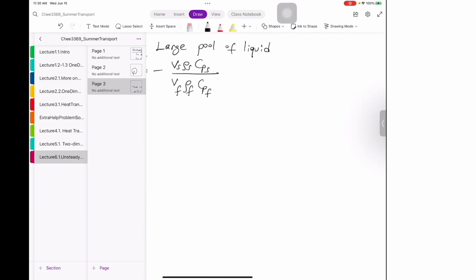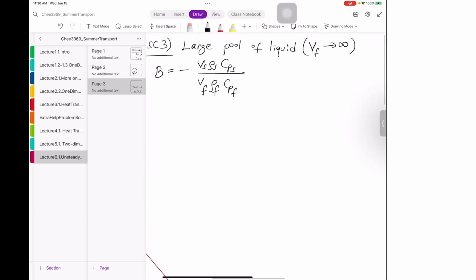Since a large pool of liquid means Vf goes to infinity, or Vf is much, much larger than Vs, then this thing goes to 0, right?